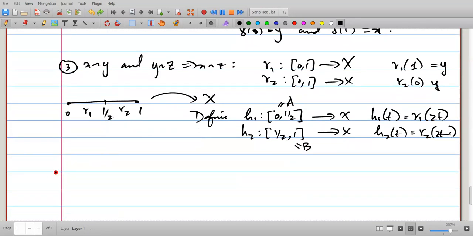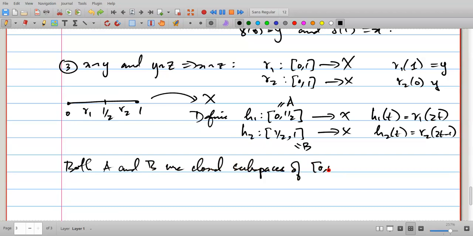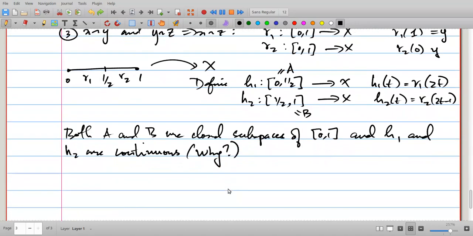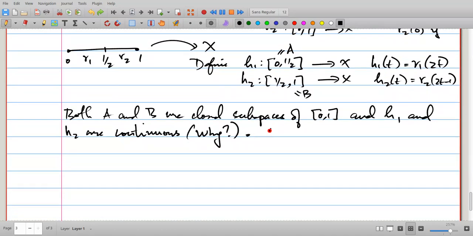Both A and B are closed subspaces of [0,1], and h1 and h2 are continuous. Moreover, A intersection B is just the singleton half, where h1 and h2 agree.